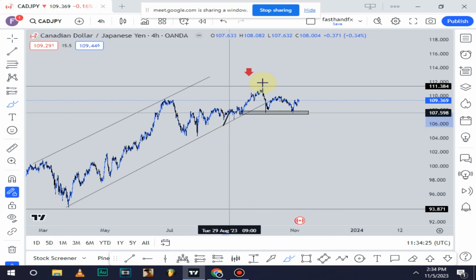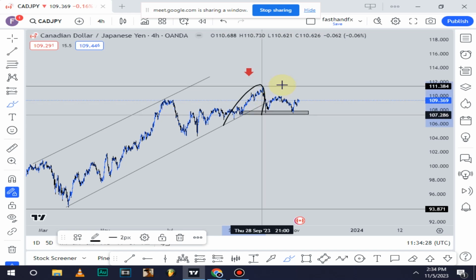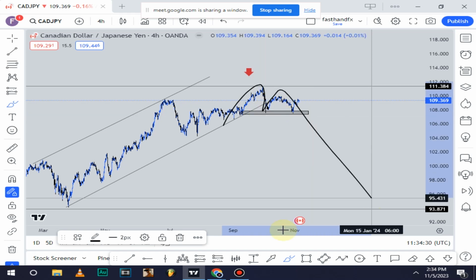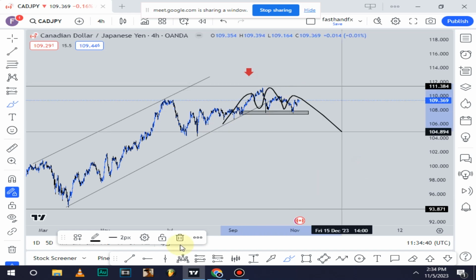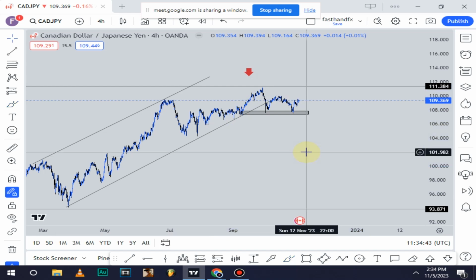It should have given us some sort of double top right there. Or maybe the market could have given us something like this: left shoulder right there, a head right there, back to the neckline, right shoulder, then that will be a good sign to go down.